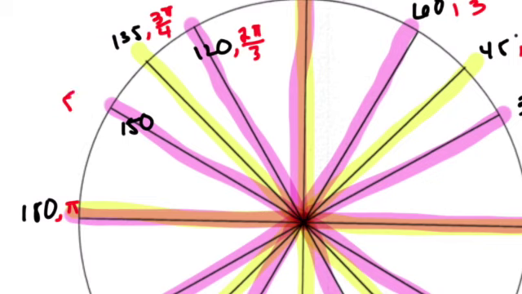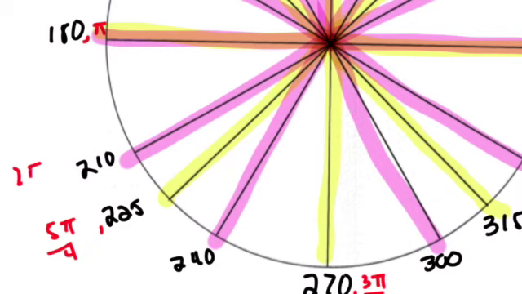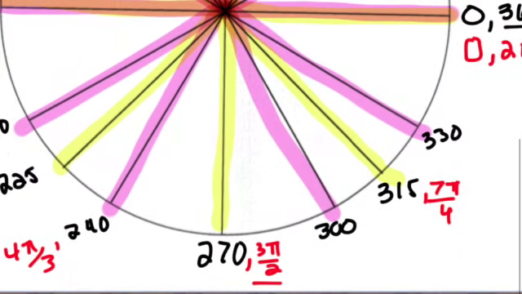Let's just put it over here. 5 pi over 6. Then I've got 6 pi over 6, which is pi. Then I've got 7 pi over 6 here. Then I've got 8 pi over 6, which is the same thing as 4 pi over 3. Then 9 pi over 6, which is the same thing as 3 pi over 2.